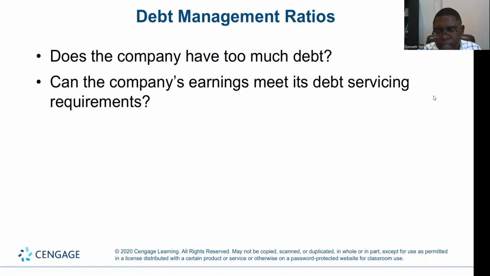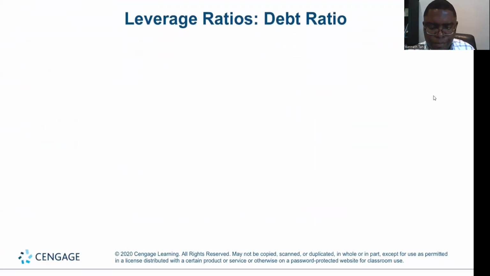Another question that this set of ratios tend to answer is, can the company's earnings meet its debt servicing requirement? So in other words, how indebted is the company, or is the company able to service their debt? That is the whole idea behind the debt management ratios.